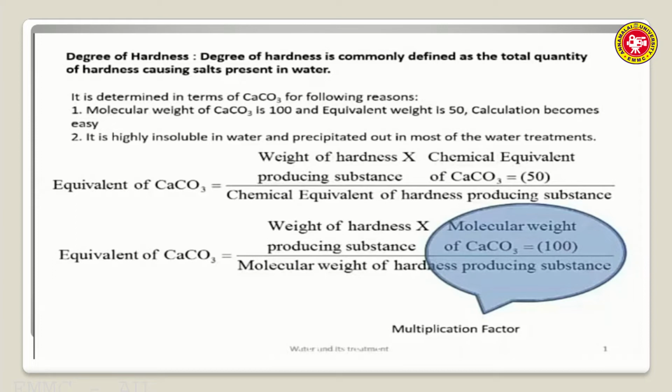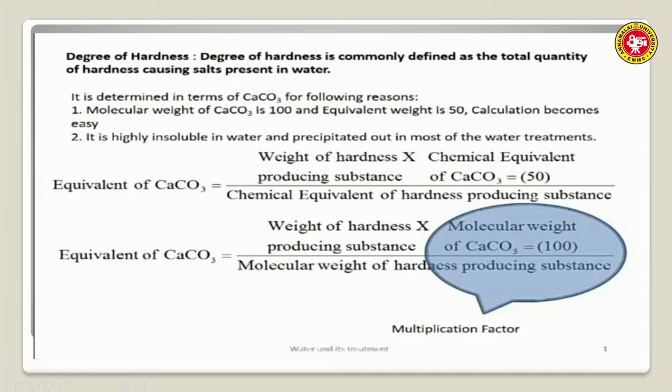In the unit of hardness, we are mentioning it as calcium carbonate equivalent, isn't it? Why? The reason for choosing calcium carbonate equivalence is that the molecular weight of calcium carbonate is 100 and the equivalent weight is 50. Hence, the calculation becomes very easy. You can see 100 and 50 are round values, so if you use calcium carbonate as the equivalent, the calculation will be very simple.